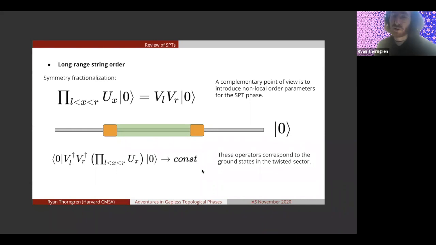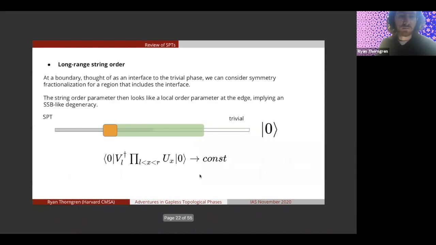Now, it's quite similar to saying that a 2-point correlation function of an order parameter goes to a non-zero value. But here it's not a local order parameter because of the symmetry string in between. At a boundary, these do become local order parameters.